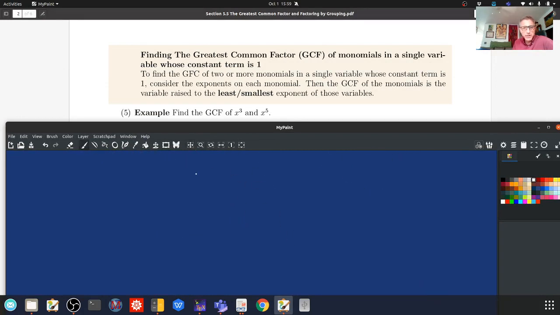So the GCF of x cubed and x to the 5th is equal to x cubed. I just take the smallest exponent. And clearly x cubed divides both x cubed and x to the 5th.